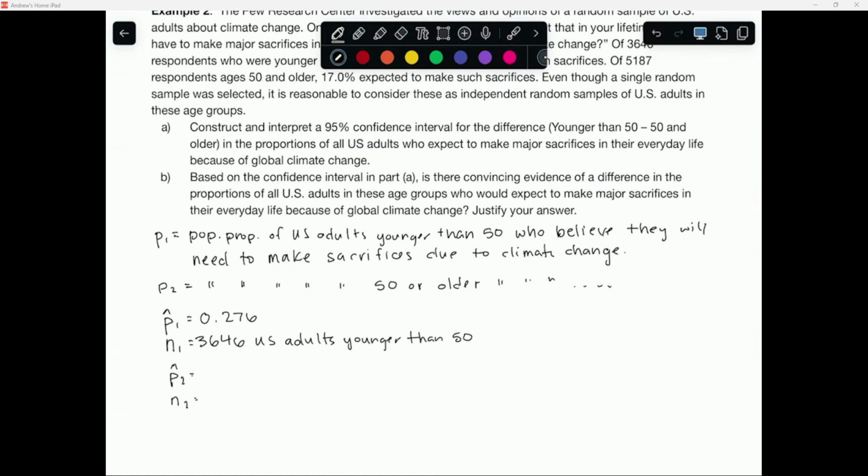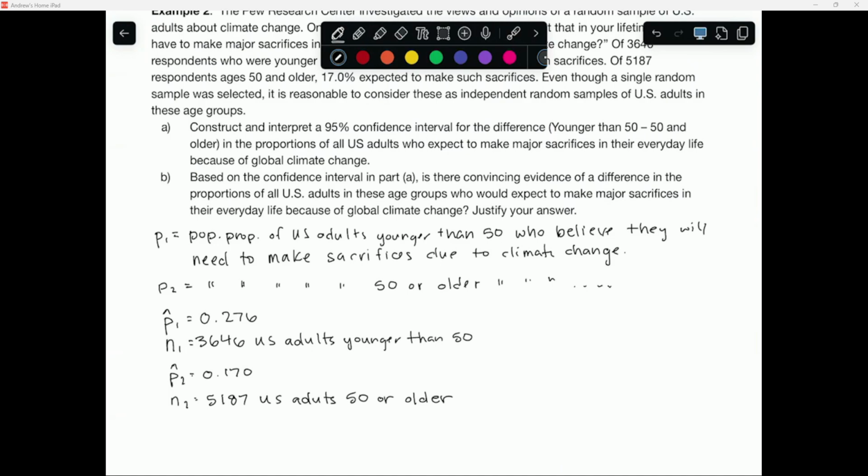For p hat 2 and n2, it was 0.17 with a sample size of 5187. I'm going to do two more things here.